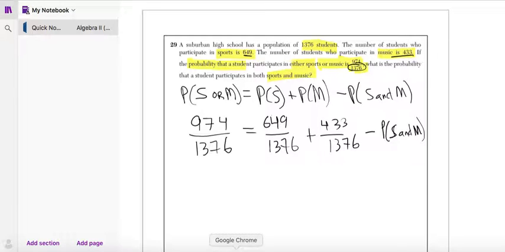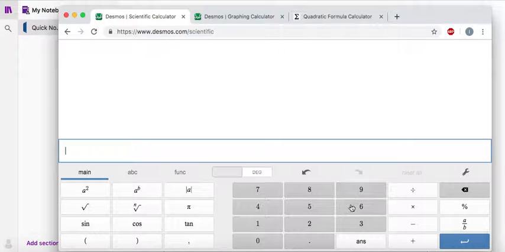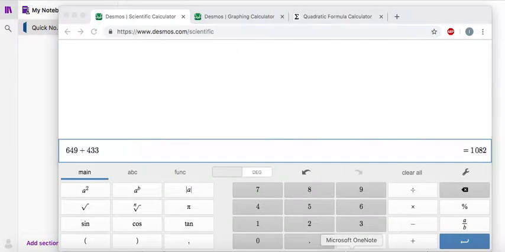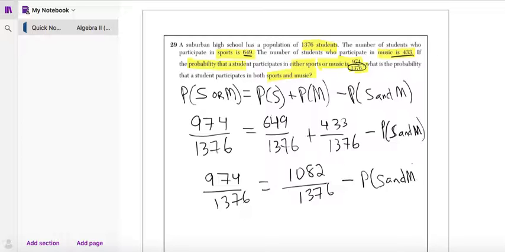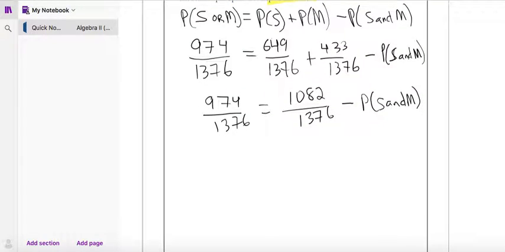Okay, I'm going to add the 649 plus 433 to get 1082. So 974 over 1376 is equal to 1082 over 1376 minus the probability of S and M. I'm going to add the probability of S and M to both sides, and at the same time subtract the 974 over 1376 from the other side.